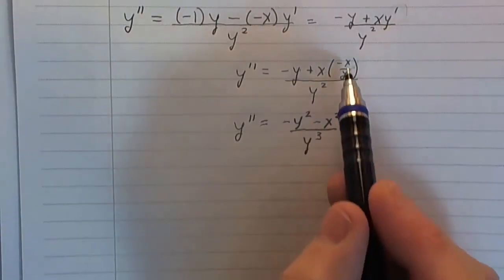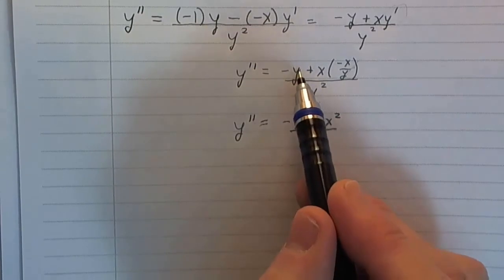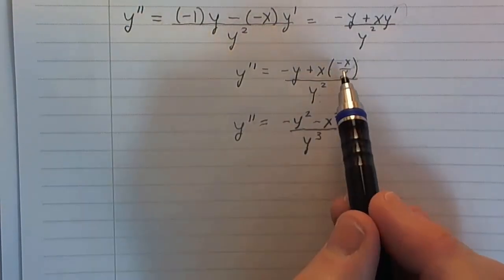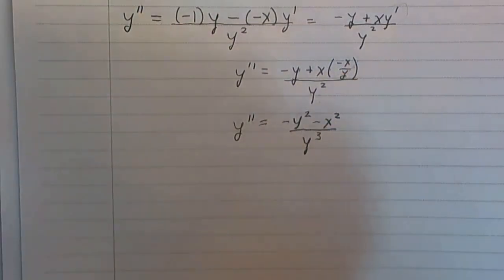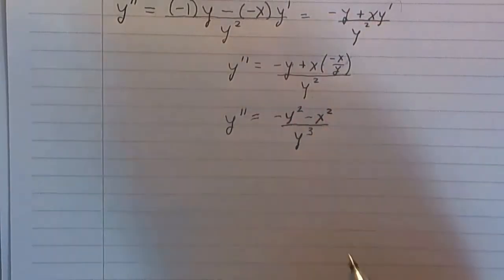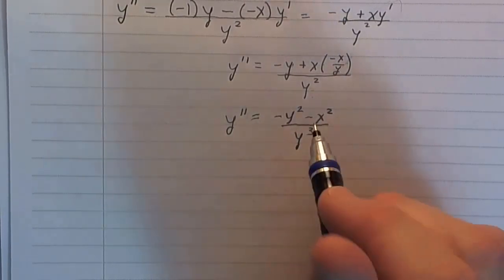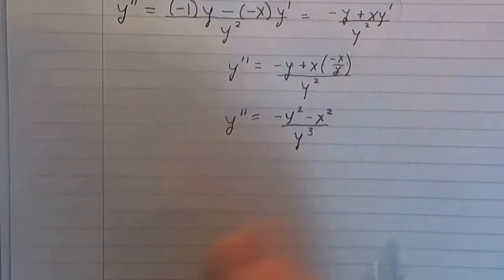See? I just multiplied everything by y, here, here, and here. And the whole purpose was to get rid of that extra y denominator. Now, okay, so there it is. There's our second derivative.